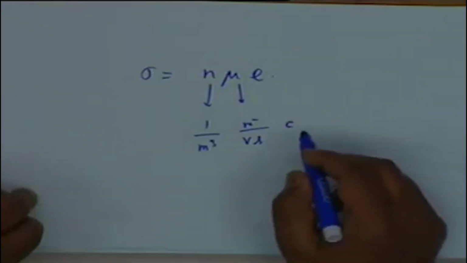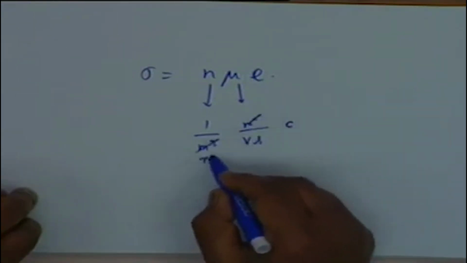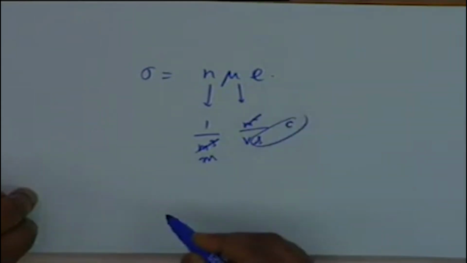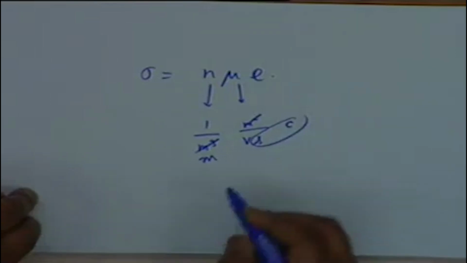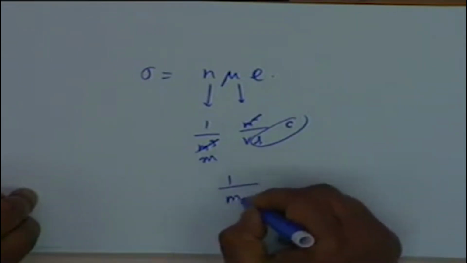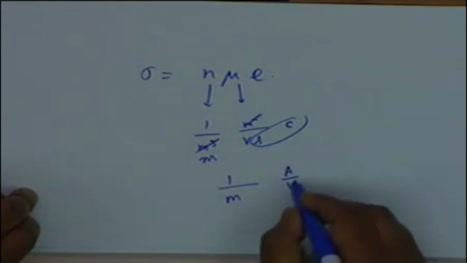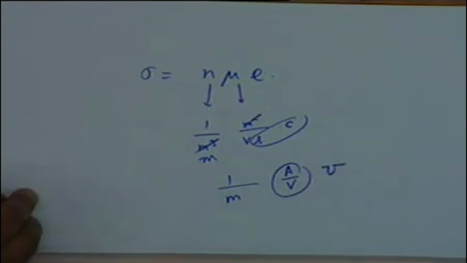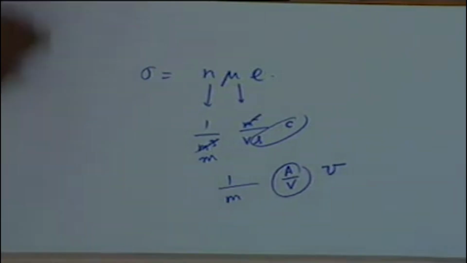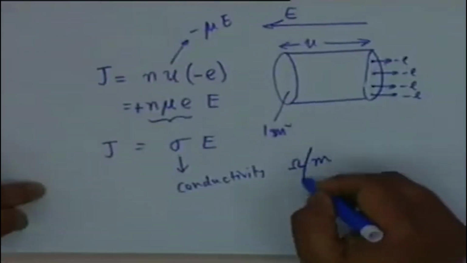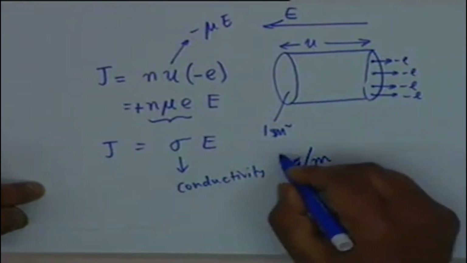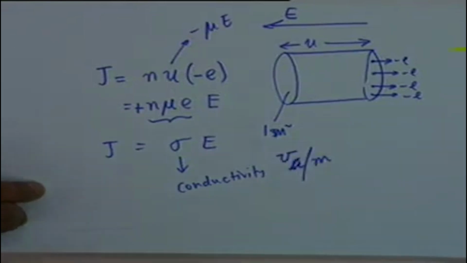Now meter square over meter cube becomes 1 over meter, coulomb per second becomes current, amperes. So this becomes 1 by m, ampere by volt, this is mho, and therefore the unit is mho per meter, not mho meter. Conductivity, I have written this also wrongly, this should have been mho per meter.